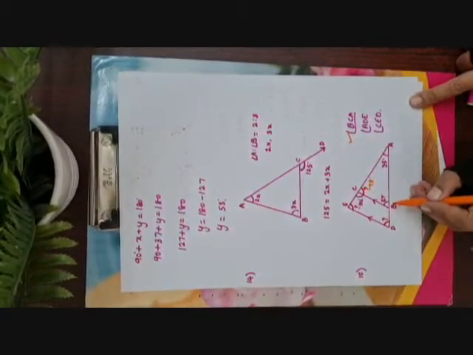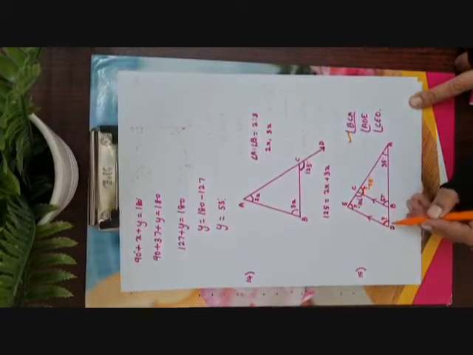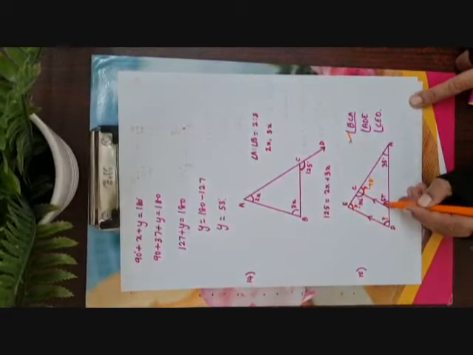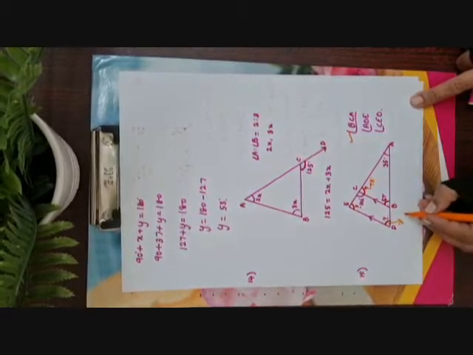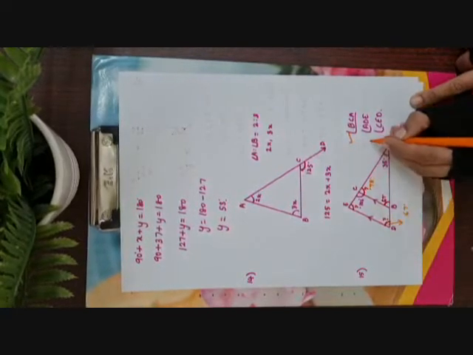They said BC is parallel to DE. Yes. And BD is the transversal. So can I say these two are corresponding angles? Yes. This angle, angle B, is corresponding to angle D. So this angle measure will be equal to 67 degrees. Hence we found angle ADE also.